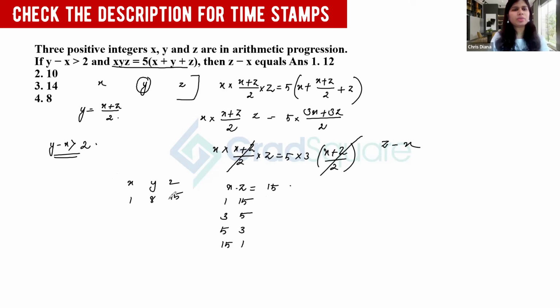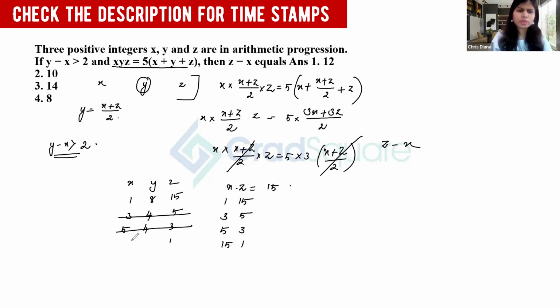This is possible because y minus x here would be greater than 2. Second case, if this is going to be 5 and this is going to be 3, this has to be definitely 4, no other way around. So y minus x here would have been 1, so this is not possible. If this is 3 and this is 5, this definitely has to be 4, and y minus x would be negative 1. That is also not possible.